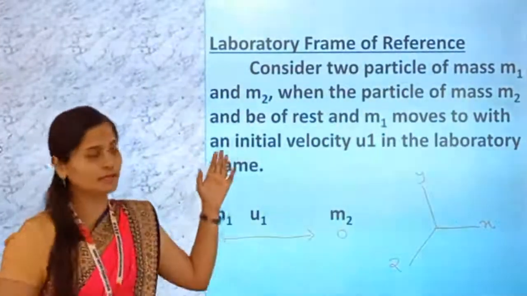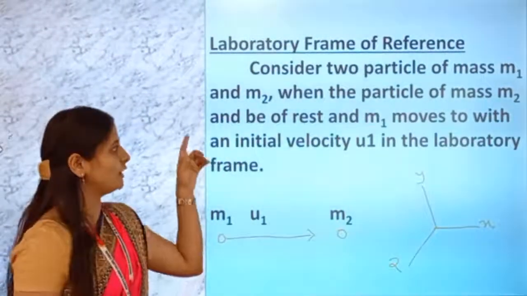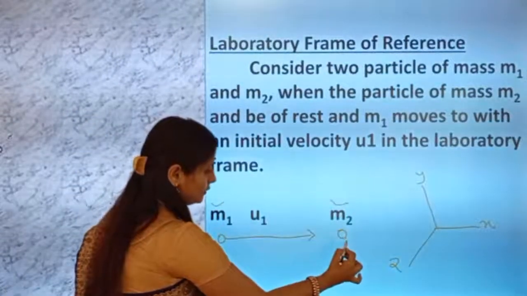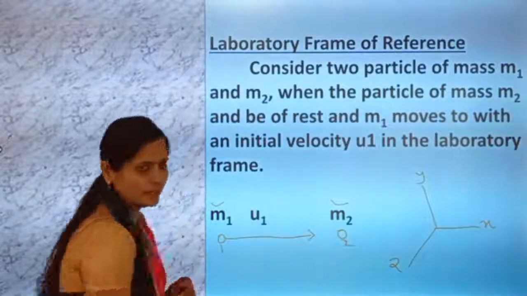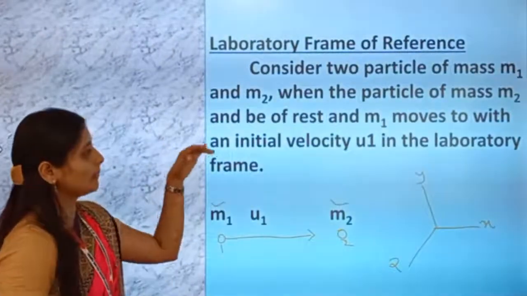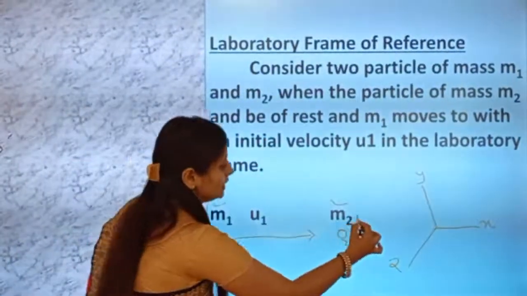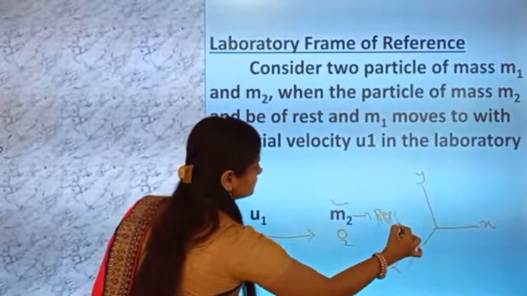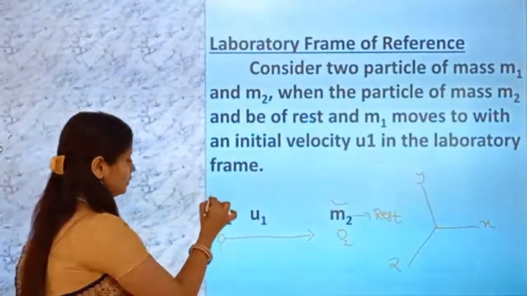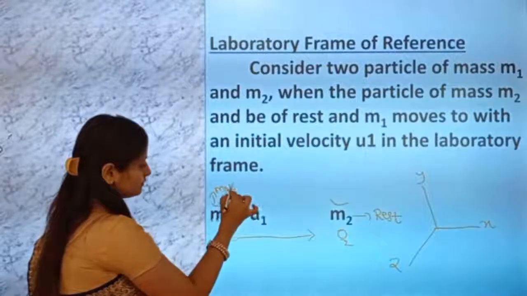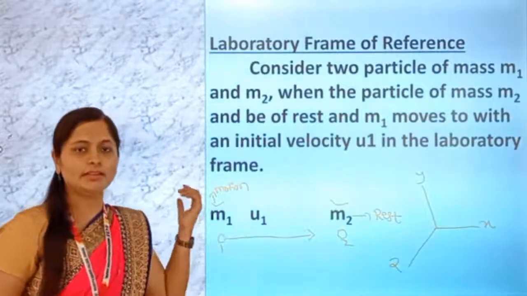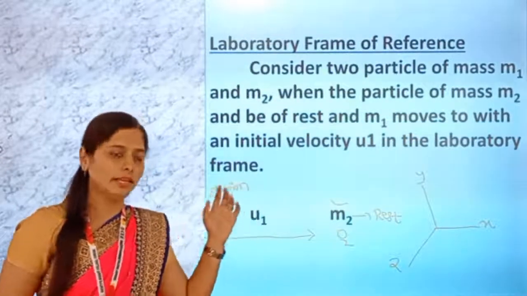Already I read the explanation: two particles m1 and m2. Consider two particles here, one with mass m1 and the second with mass m2. m2 is at rest, so m2 is in the position of rest and m1 is in motion.